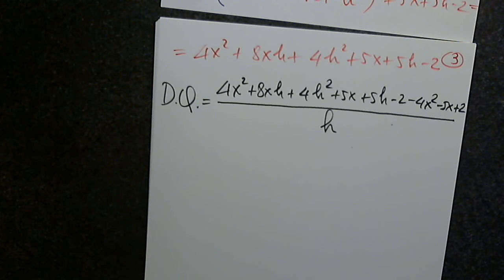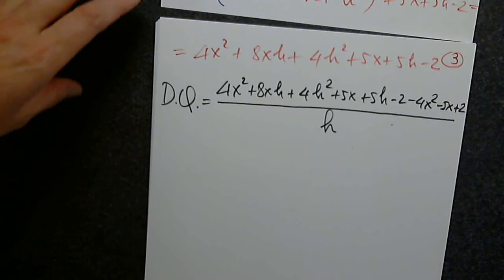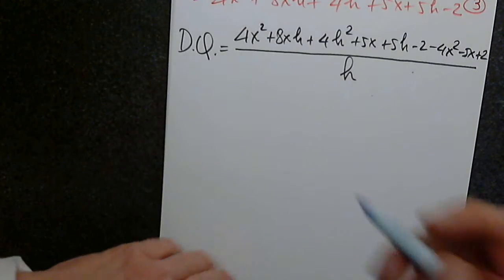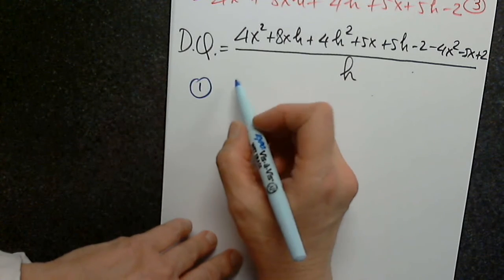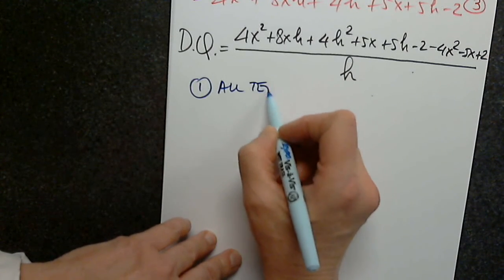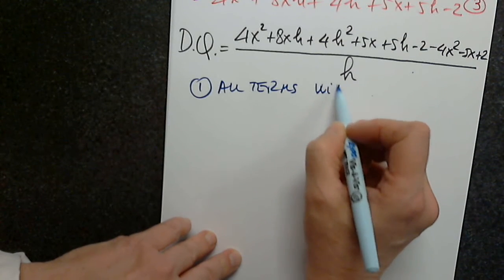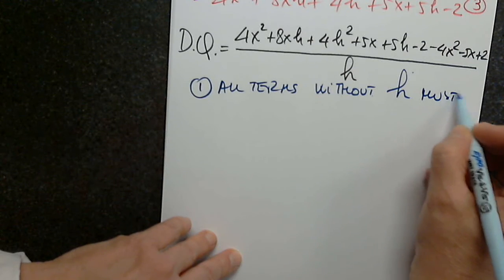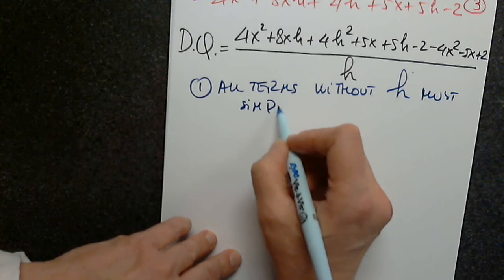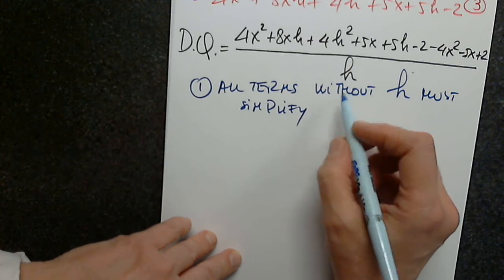Okay, so let's take a look at the top. Do you want me to write these down, these two? Yes? Okay, so number one, for any function, the difference quotient, always, all terms without h must simplify in the numerator.